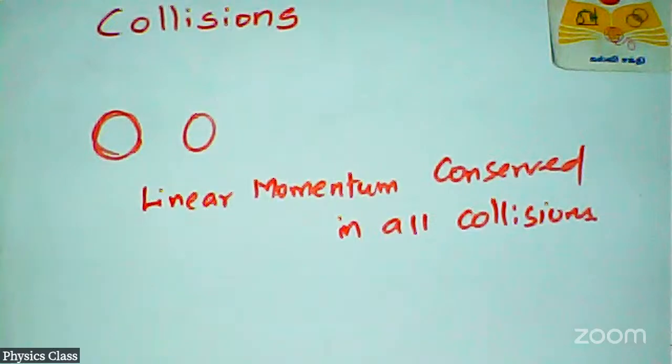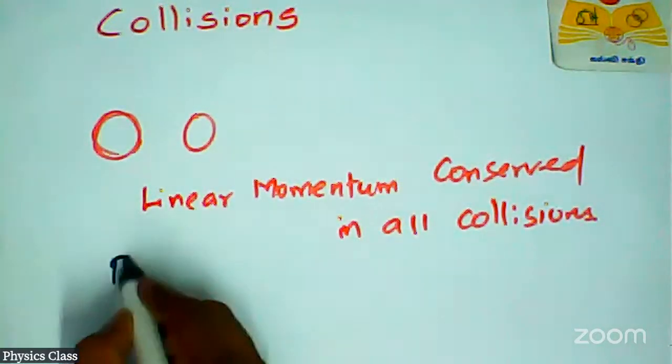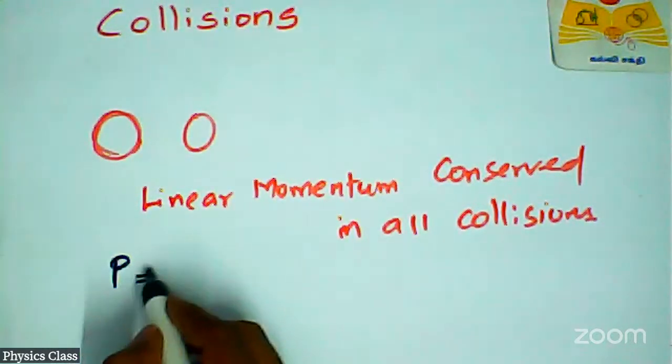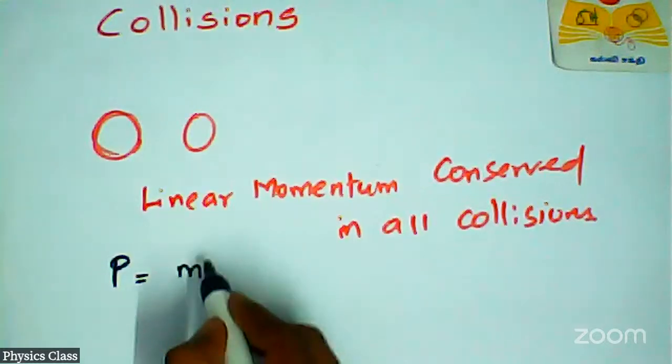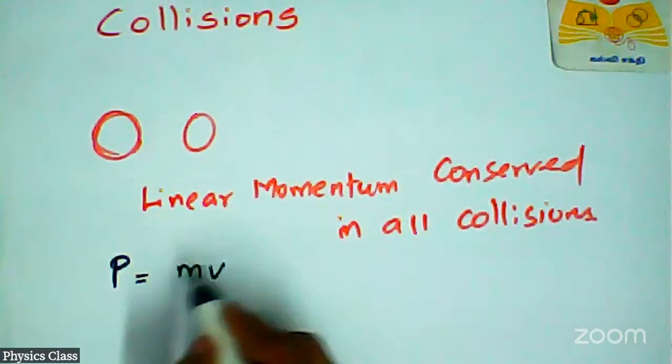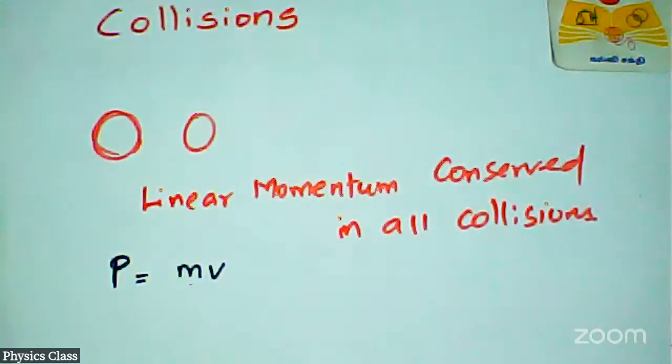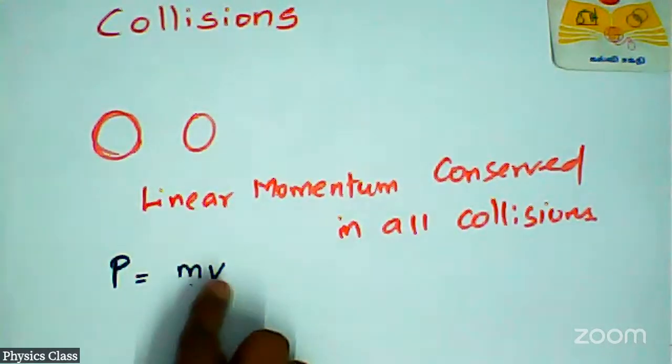What is linear momentum? We can denote it by P. P is equal to m into v, or m into u, nothing but mass into velocity. Linear momentum is the product of mass and velocity.